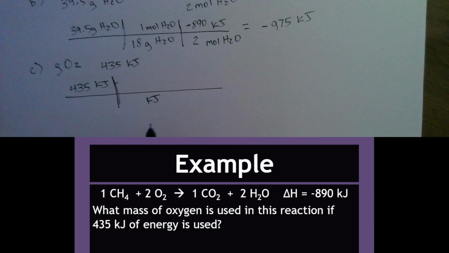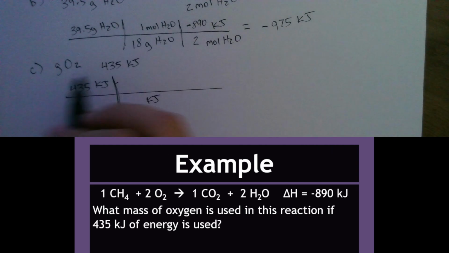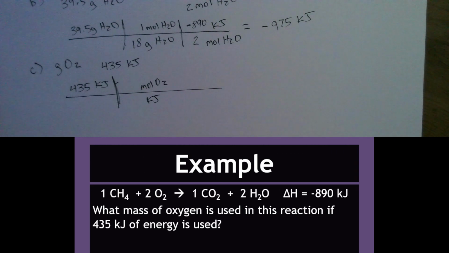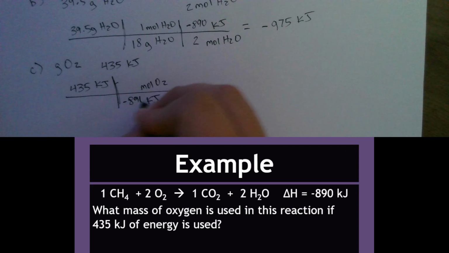What can I turn kilojoules into? Well, I look at my reaction here. Kilojoules can just turn into the moles of any of these 4. It's just like another product or reactant in this reaction. So I'm going to turn it into what I want to find, moles of O2. My kilojoules is still negative 890.